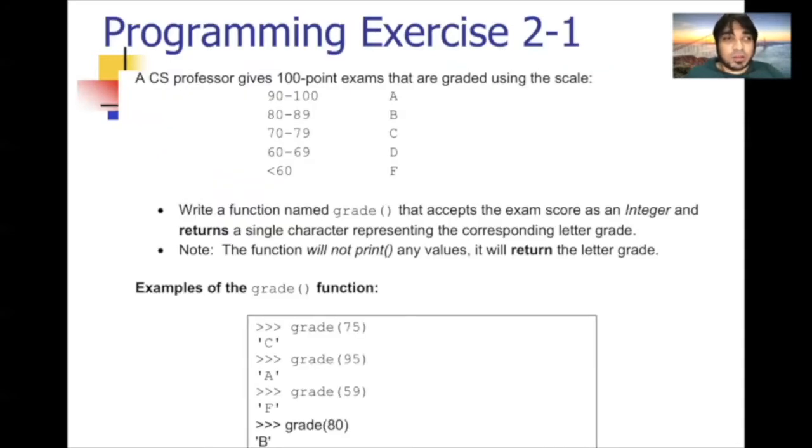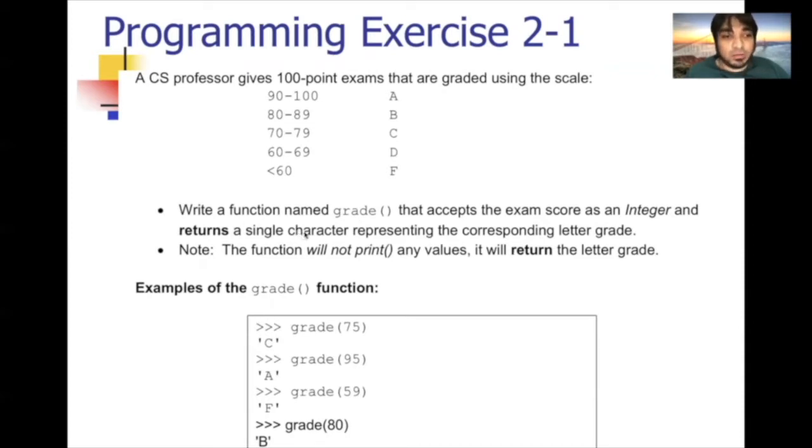The first thing we're going to look at is programming exercise 2-1. The problem statement is fairly simple. A CS professor gives out a 100-point exam, and these are the grading scales he uses. 90 to 100 is A, 80 to 89 is B, 70 to 79 is C, and so on and so forth.